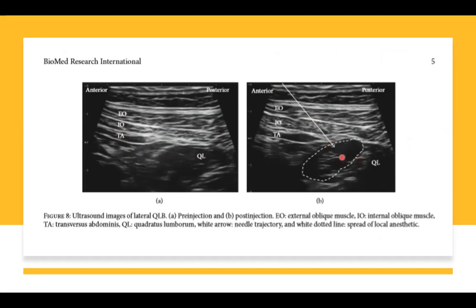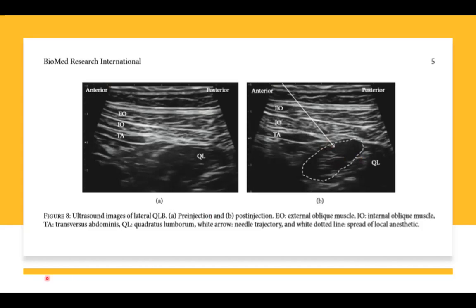So it is also known as lateral QL. This is similar to the fascia transversalis block described by Dr. Hebert, and because the drug is deposited in the transversalis fascia, it has a visceral component of pain relief other than the somatic component.